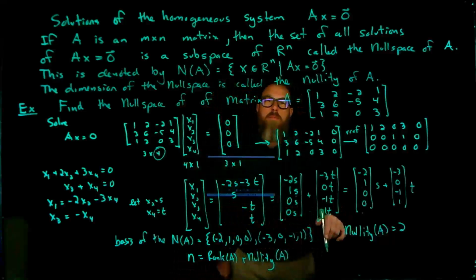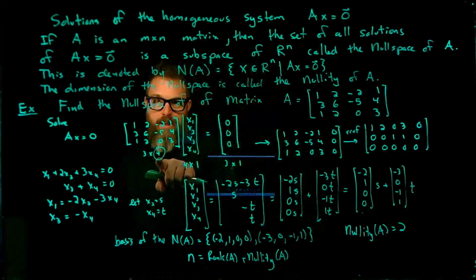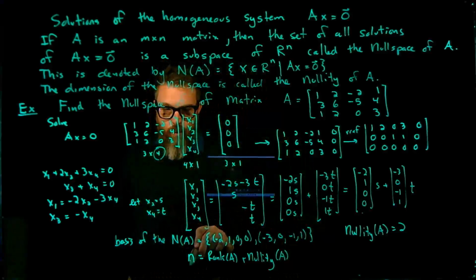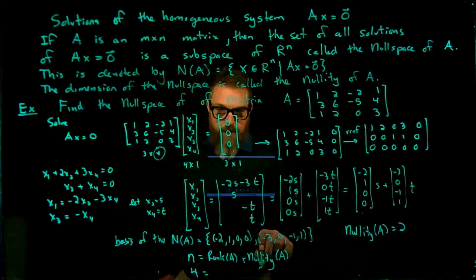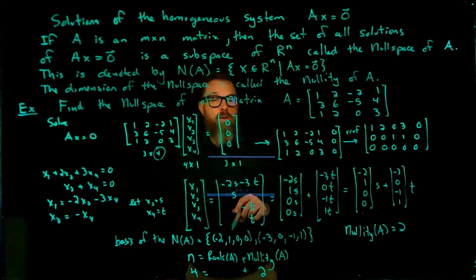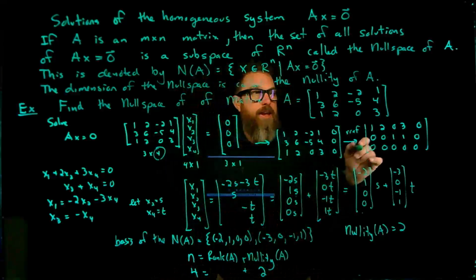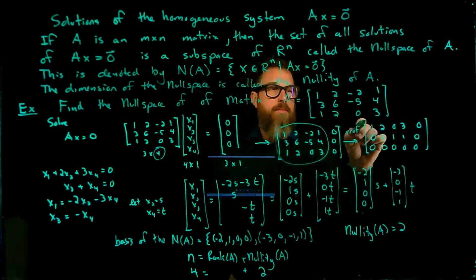And you could probably see this, that this is a 4. So right now I have 4 here, right? Now we already know the nullity of A is going to be equal to 2. If I wanted to look at the rank of A, remember that this was the original A matrix, and this was its row-reduced form.